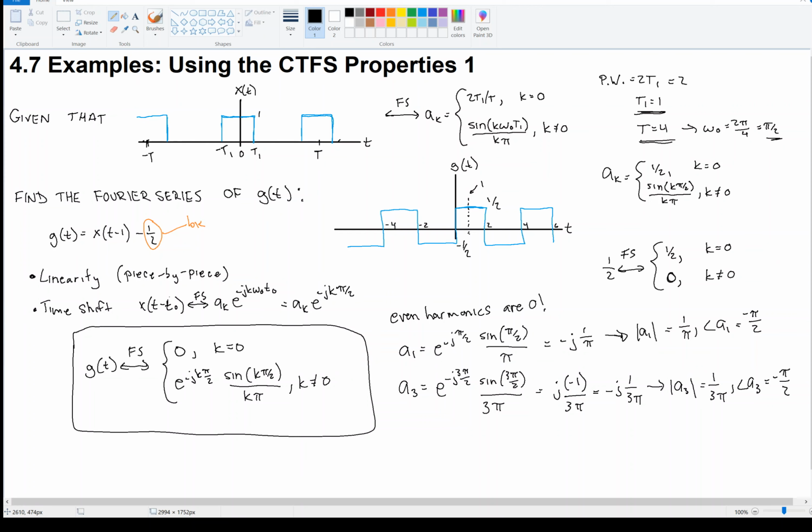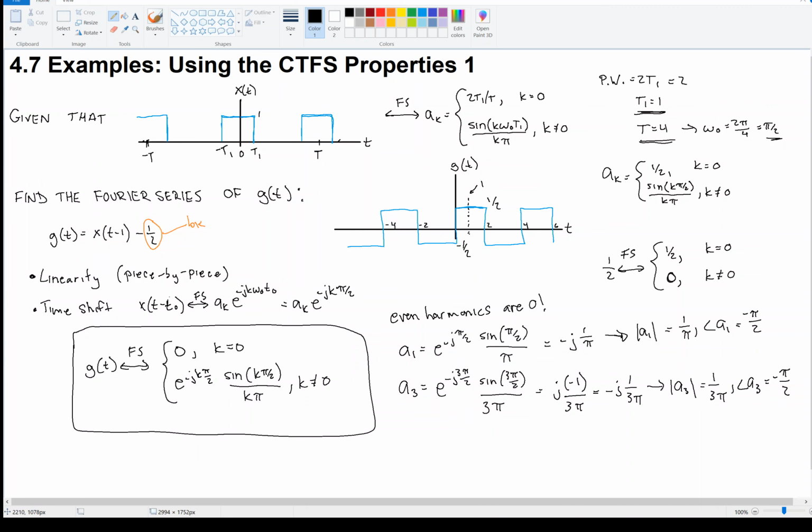So what this means is that the first harmonic, the thing that's vibrating at a rate of pi over 2, has an amplitude of 1 over pi and a phase of negative pi over 2. And the third harmonic, which would be 3 times pi over 2, has a magnitude of 1 over 3 pi, or an amplitude, and a phase of negative pi over 2.